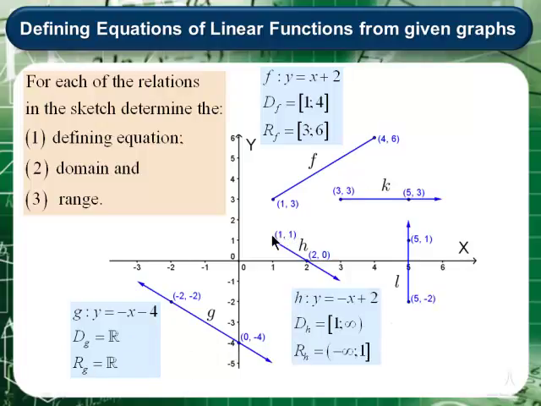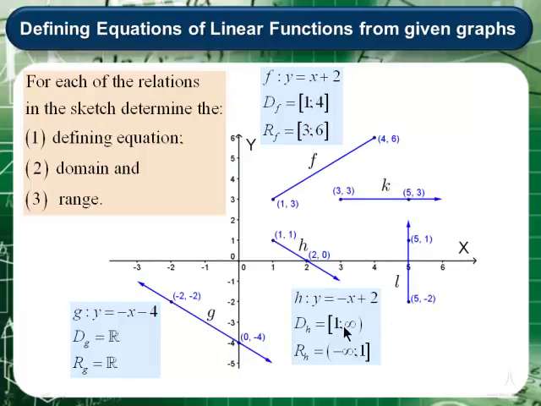In the third example, here we have a ray, so it's got one endpoint. Again, finding the defining equation, I leave it as an exercise. You only need to find the gradient and the y-intercept. But note, the domain starts at 1, and then it goes on to infinity.